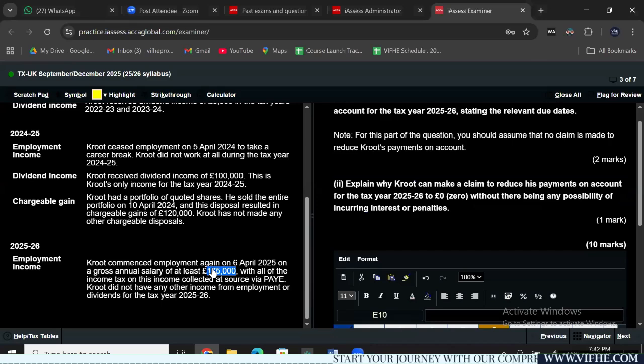It is said that he'll once again be doing an employment, and he'll be receiving an annual salary of £175,000, and all of his income tax will be collected at source, I mean during the year, via the pay as you earn process. So not just 80%, 100% of his tax is going to be collected through tax at source deduction, which would mean that he is eligible not to make the first and the second payment on account with respect to the tax year. Rather, he'll be making the payments completely and solely in the form of a balancing figure.